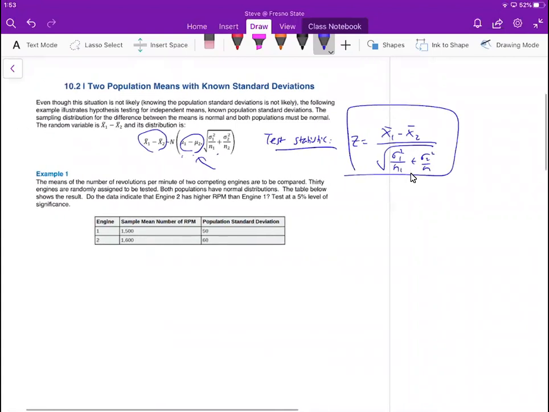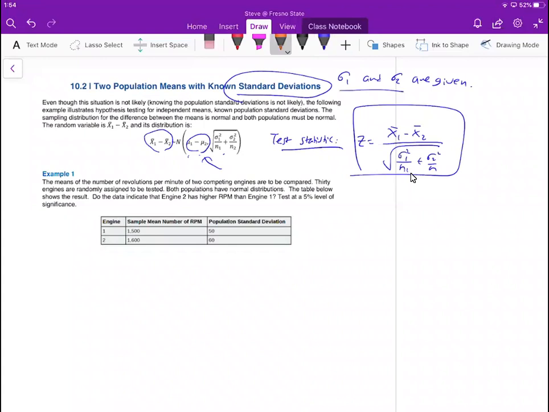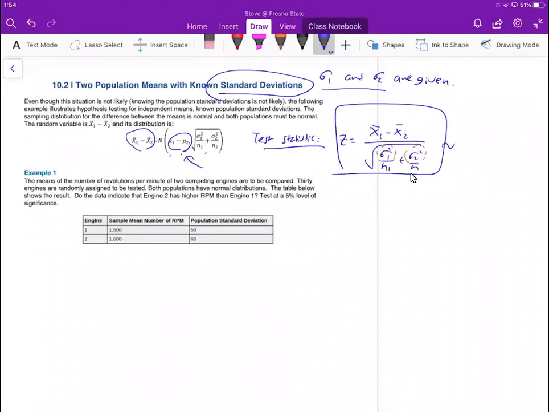In this case, the standard deviations sigma 1 and sigma 2 are given. So if you're given these two, then I can plug in these two numbers and compute the test statistic. It makes the problem a lot easier because I deal with the standard normal distribution. Therefore, this makes it easy to come up with the decision.